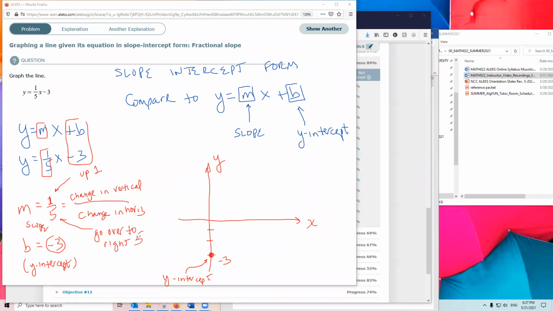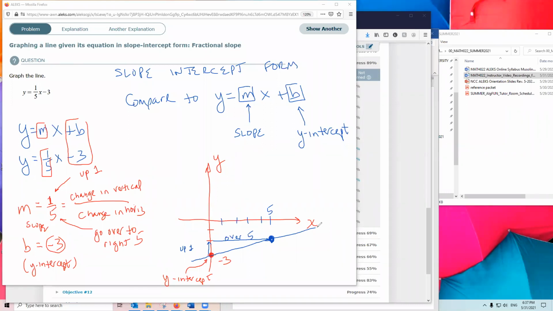So I'm going to do that. I'm going to start at the y-intercept. I'm going to go up 1. So here I just went up 1, and I have to go over to the right 5. 1, 2, 3, 4, 5. So now I'm going over to the right 5, and I'm putting another dot right there. I connect these 2 dots. This is the line I'm interested in.